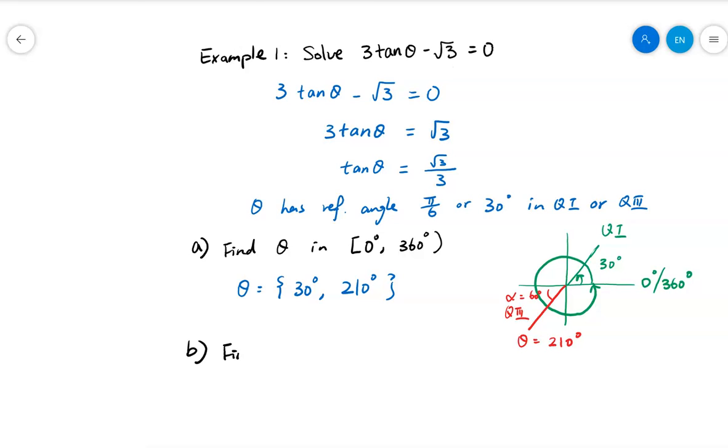If I want you to find all the solutions to make 3 times tangent theta minus square root 3 equal to 0, or to make tangent of theta equal to square root 3 over 3, that means I'm not only talking about one revolution, I'm also talking about 2 revolutions, 3 revolutions, and continuing.